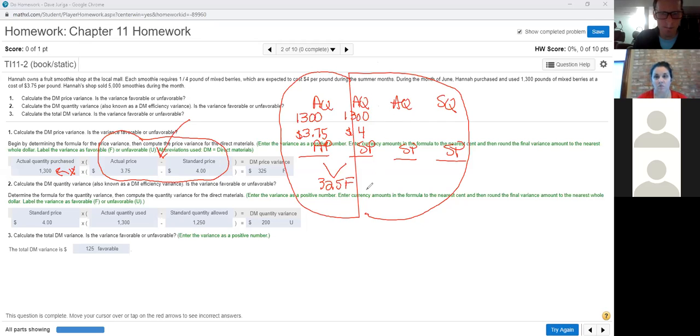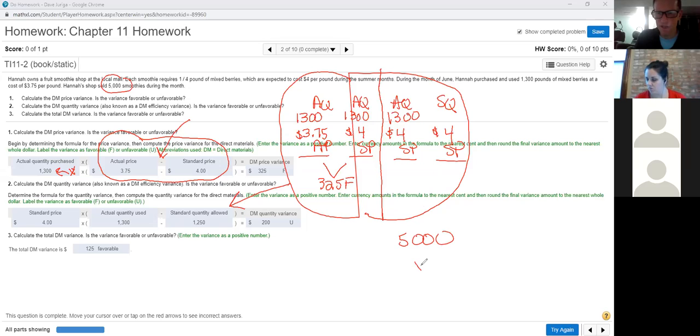Now, on the second part of this, I'll just leave this up. On this part, they purchased and used the exact same amount, so it was 1,300. The standard price was $4. And then the standard quantity, this was a weird one because they didn't say produce, but the production here was smoothies, right?